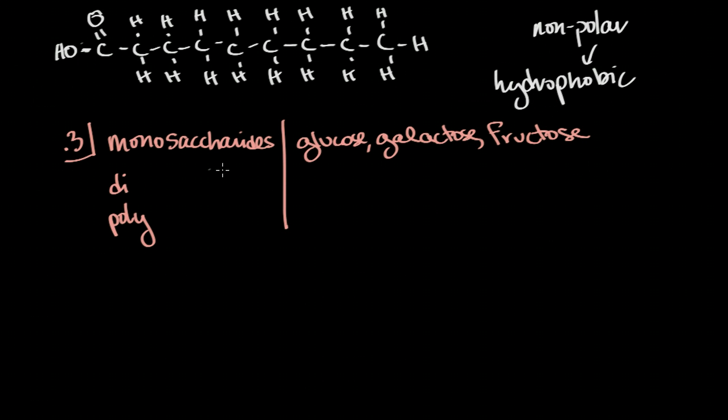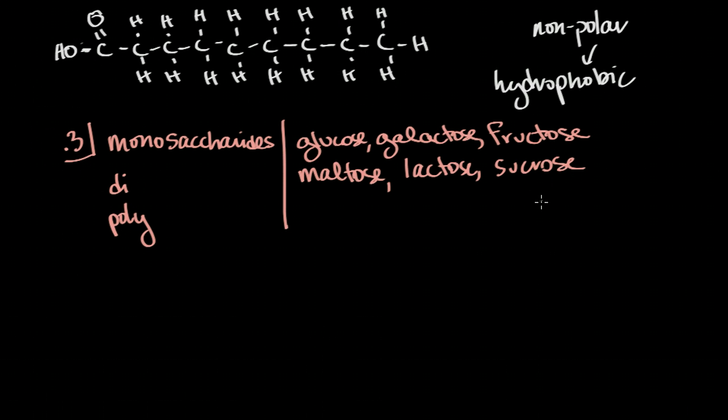But if we put 2 of them specifically together, we can make different kinds of disaccharides. Like putting 2 letters together, you make different words. So the examples you should know are maltose, lactose, and sucrose.